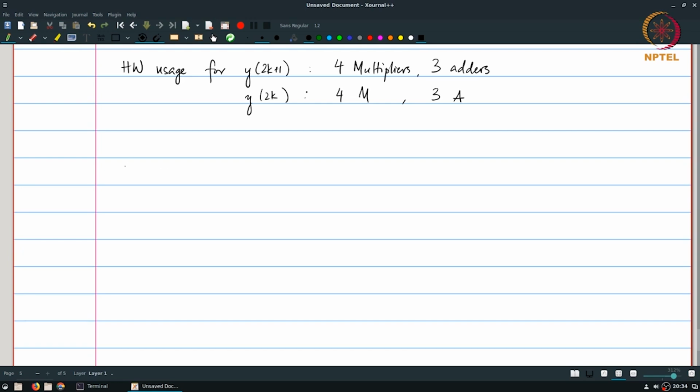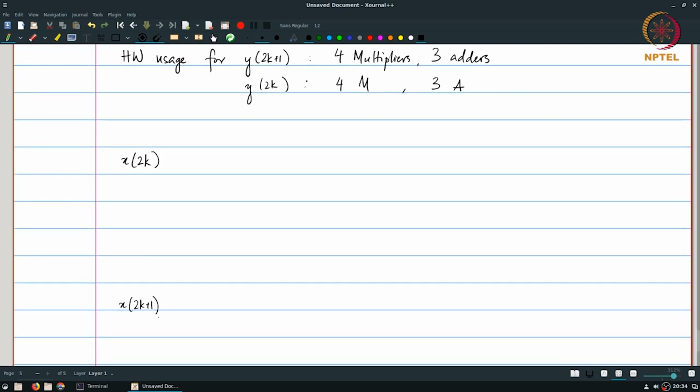Essentially what it says is, I'm going to take the same two streams, x of 2k and x of 2k plus 1. And what do I do with them? The first thing that needs to be done is this needs to be multiplied by h0, and a delayed version of this will be multiplied by h2. In other words, what I have over here is h0 x of 2k and h2 x of 2k minus 2.